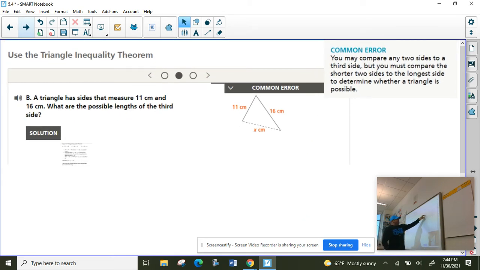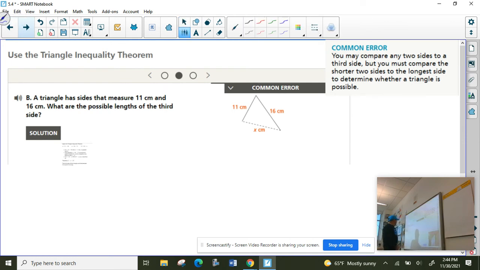Now, what happens when they give you two sides? You have to figure out what the possible lengths would be. Okay? The possible lengths. Well, as we said earlier, it has the two sides. So what number plus 11 would be bigger than 16, right? And what number plus 16 would be bigger than 11? Well, it also can't be bigger than these two added together. So here's the trick.